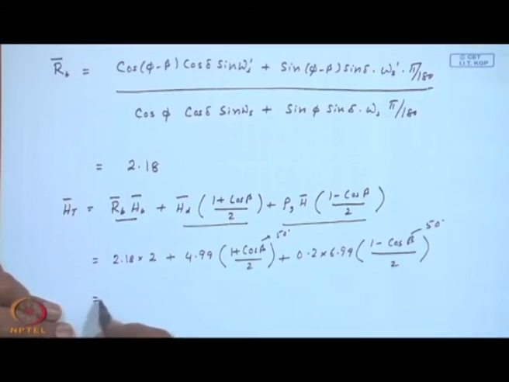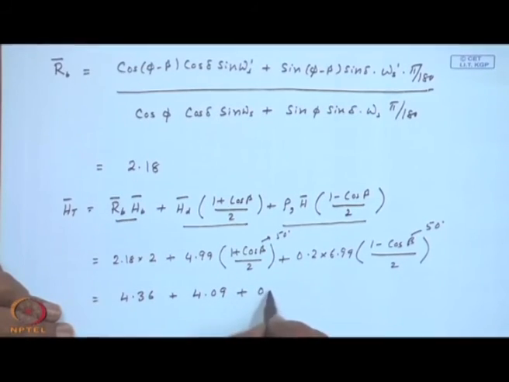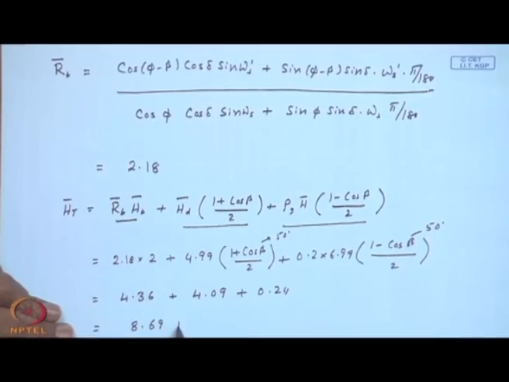So, these components are 4.36, and I am doing this just to bring out something interesting, 4.09 plus 0.24, which is 8.69 megajoules per meter square day.